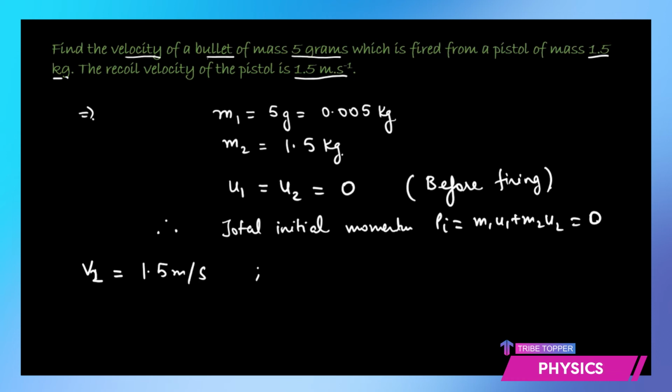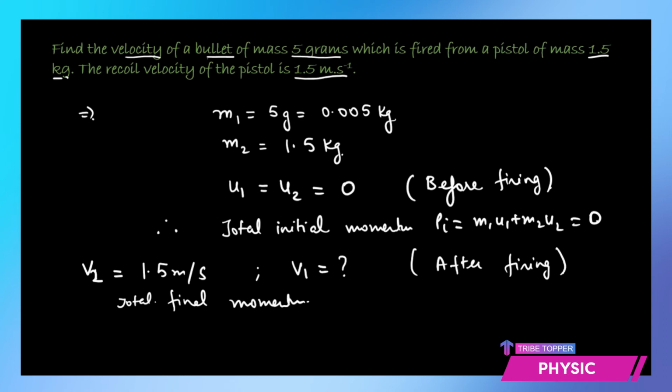We have to find v1, the velocity of the bullet. After firing, the total final momentum Pf is m1v1 plus m2v2, which is 0.005 times v1 plus 1.5 times 1.5.